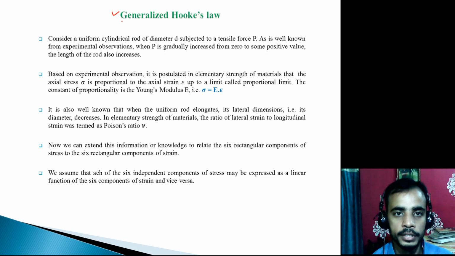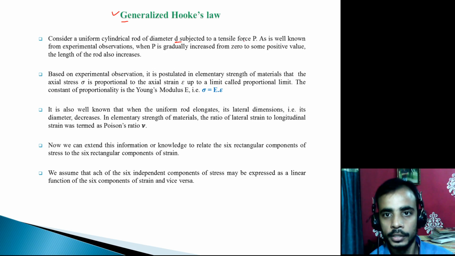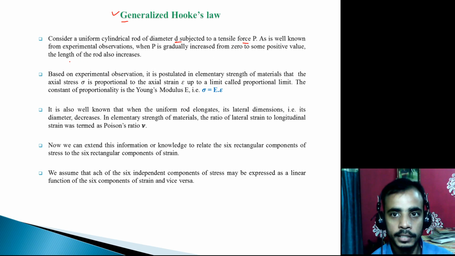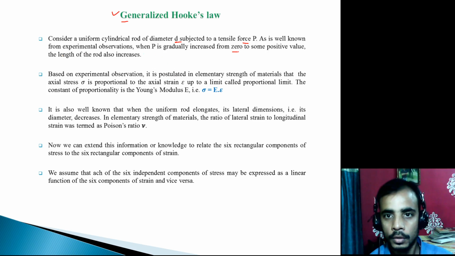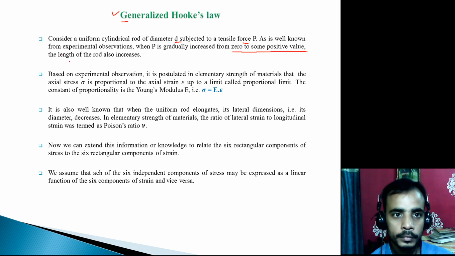Now, generalized Hooke's law, what is this? Consider a cylindrical rod of diameter d subjected to tensile force P. As is well known from experimental observations, when P is gradually increased from 0 to some positive value, the length of the rod also increases.